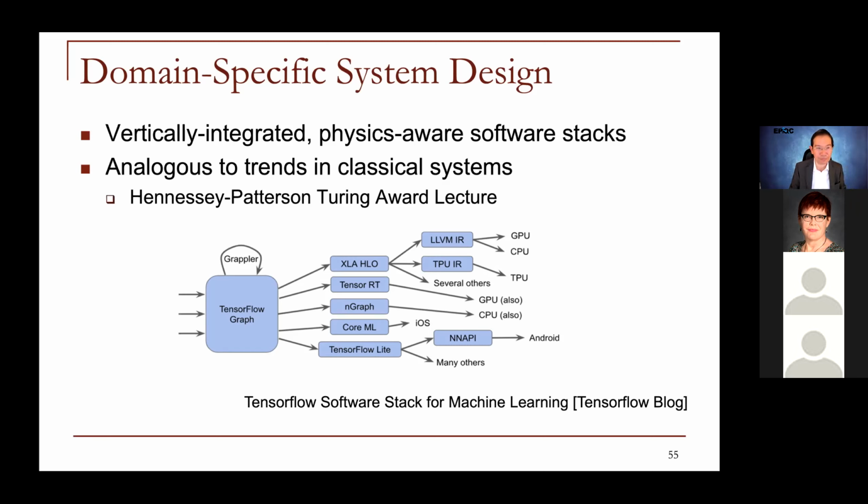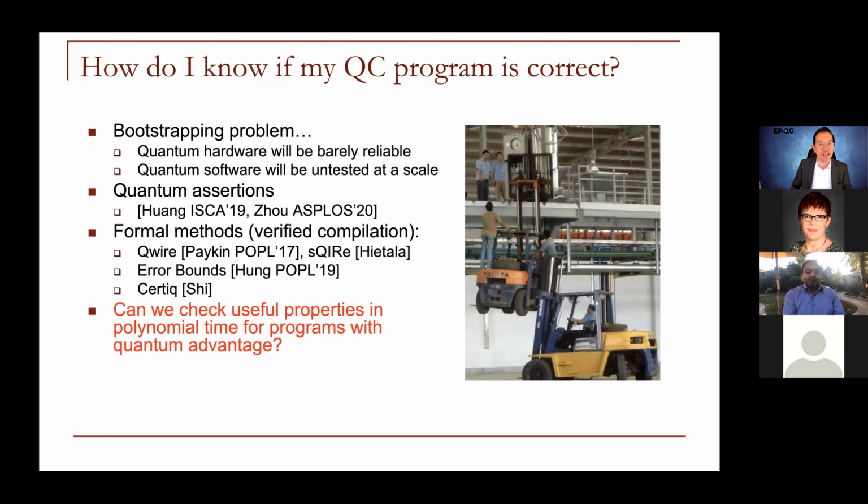All right, so let me just give you one slide, which I'm not going to have too much time to talk about. But another big problem that we worry about is program correctness and verification, right? And we're really going to have this bootstrapping problem, right?